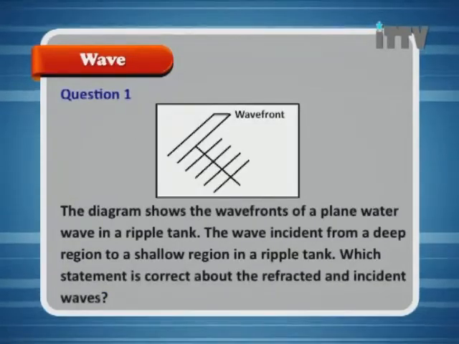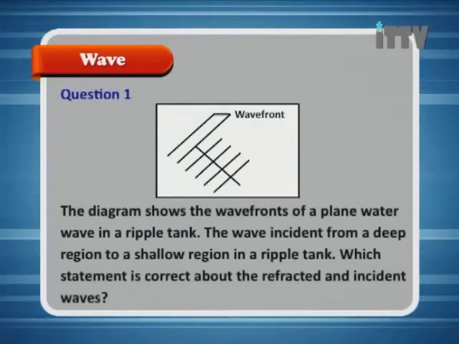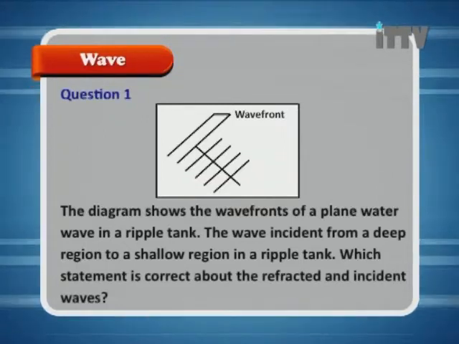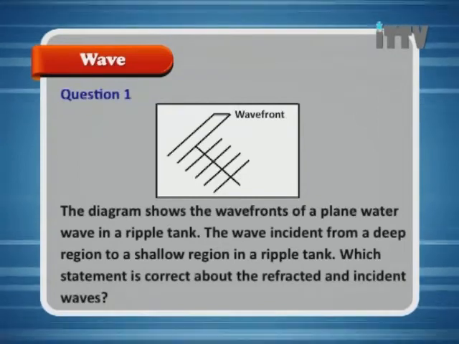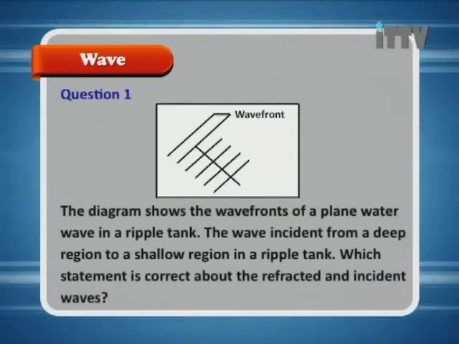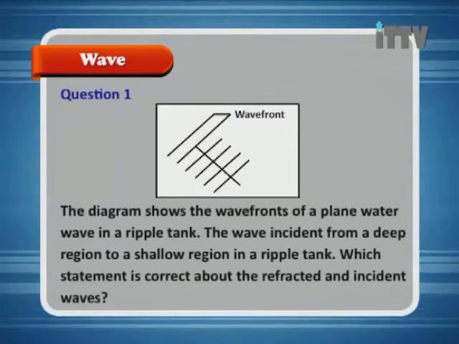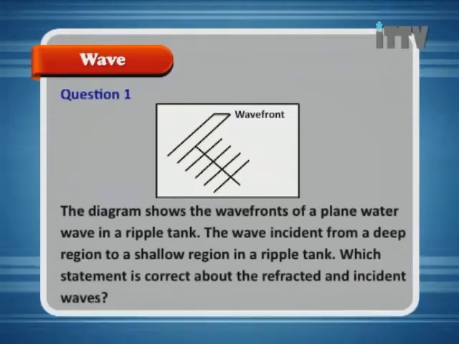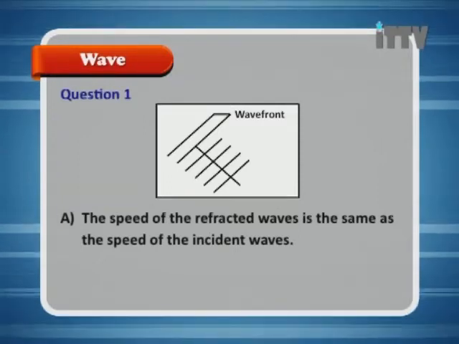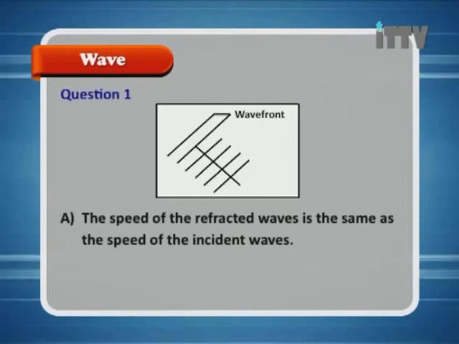Let's try an exercise. The diagram shows the wave fronts of a plane wave in a ripple tank. The wave incident from deep region to shallow region in a ripple tank. Which statement is correct about the refracted and incident waves? A. The speed of the refracted wave is the same as the speed of the incident wave.